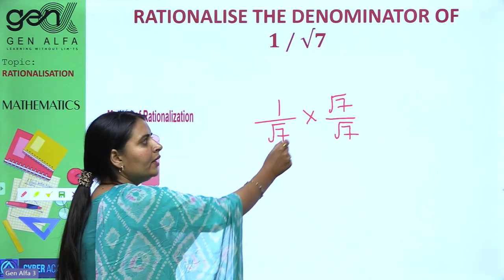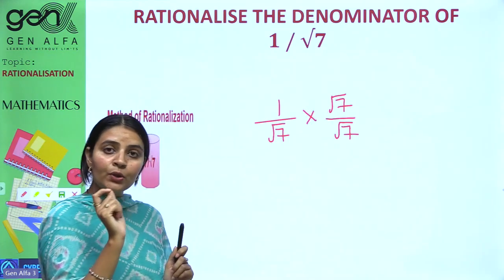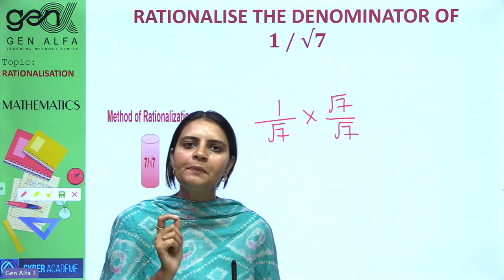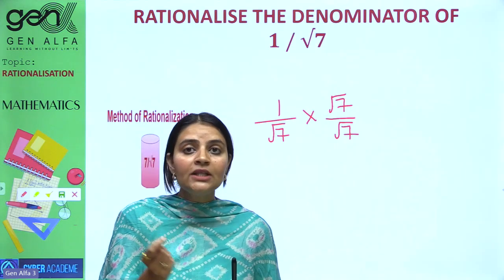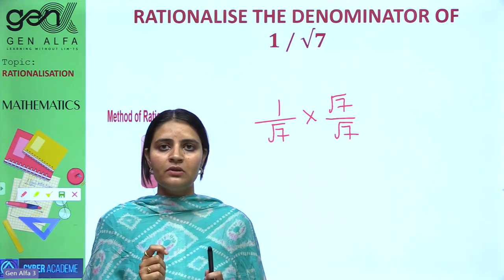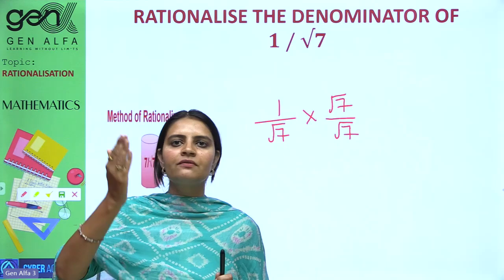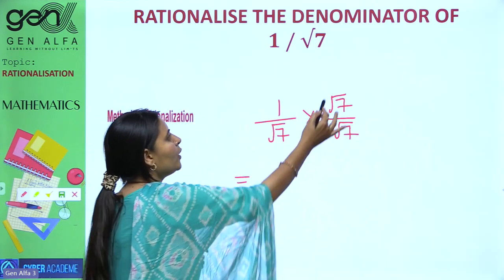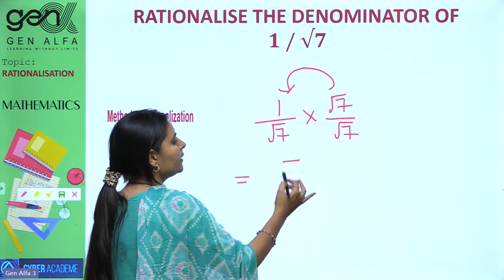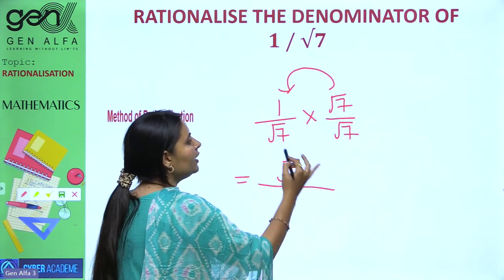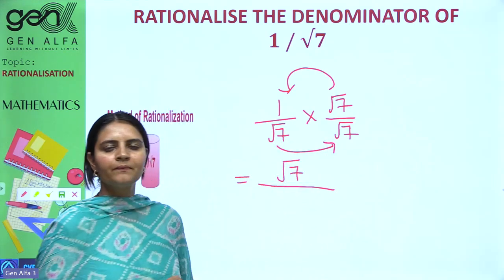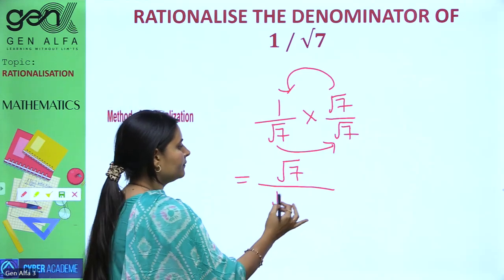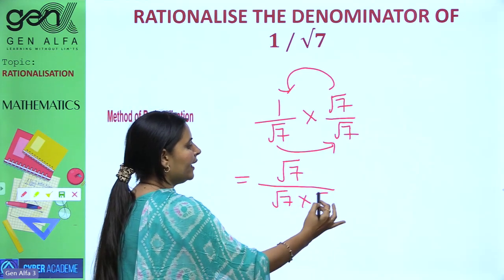So the same number is getting multiplied, and there is a rule in mathematics: whenever you multiply something, you need to divide with the same term also, so that multiplication and division get cancelled with each other. Here, multiply the tops, under root 7, and multiply the bottoms, under root 7 multiplied by under root 7.